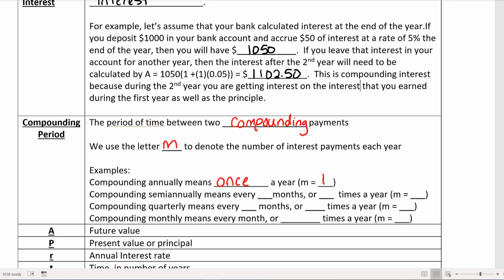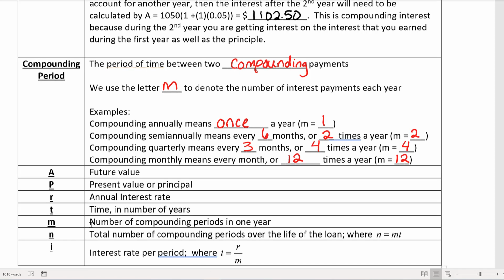Compounding semi-annually means every 6 months or 2 times a year, therefore M is 2. Compounding quarterly means every 3 months, which is 4 times a year, M is 4. Compounding monthly or 12 times a year, therefore M is 12. So those are just some of the words that come up an awful lot. There's obviously more, like compounding daily.